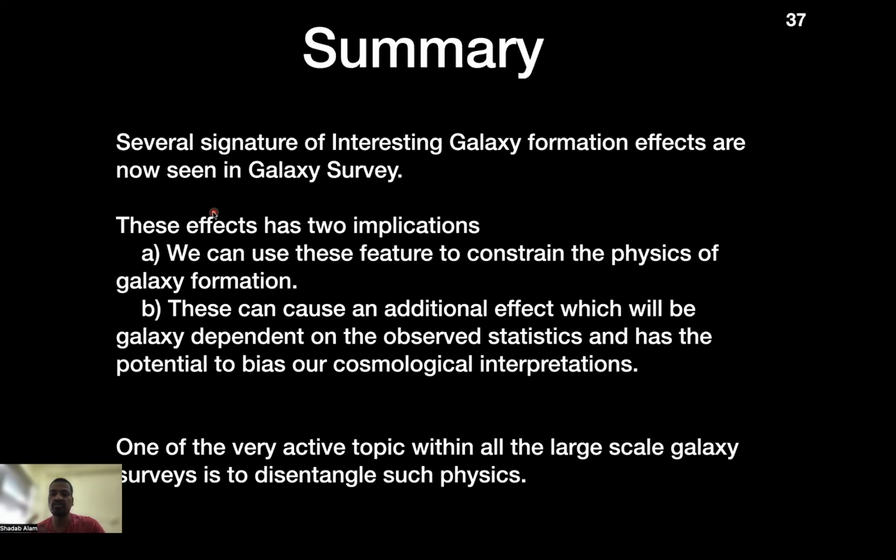And so we need to be very careful about how we interpret cosmology using these kinds of galaxy samples, and assess them carefully. And this is actually one of the very active topics within all large scale galaxy surveys, to disentangle such physics. It's going to be a win-win for everyone interested in galaxy formation or cosmology overall.